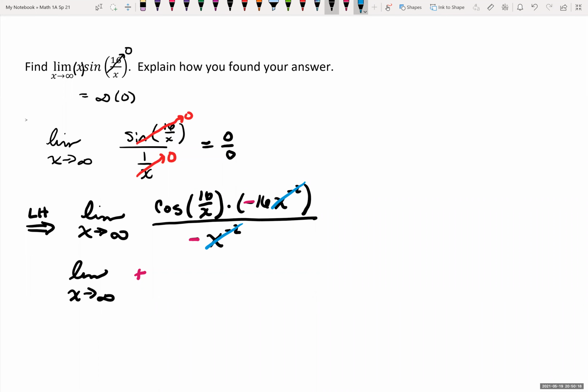And so all we're left with is this cosine of 16 over x, and this 16 out front. So now taking the limit as x is going to infinity, this 16 over x piece goes to 0. But cosine of 0 is just 1. So this is equal to 16 times 1, or 16.